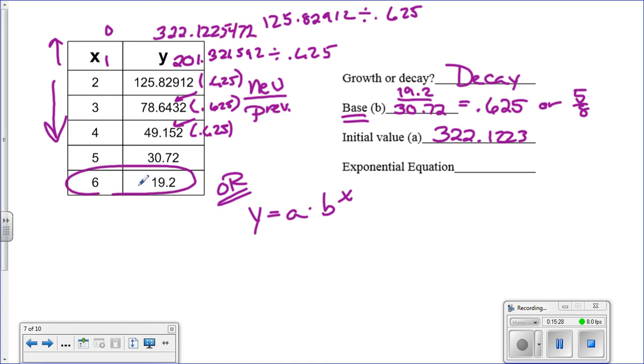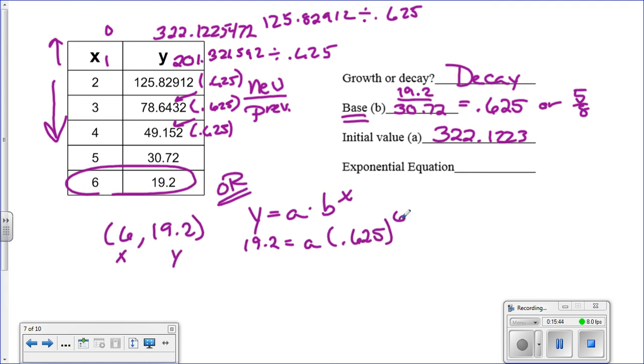Pick a point. I'm going to go with this one because I think it's the easiest. That means 6 is your x value, that's your y value, so I'm going to say 19.2 is equal to a times 0.625, and the x value would be 6. So now on my calculator, I'm going to do 0.625 to the 6th power, and that is going to give me something really crazy. 0.0596044645.